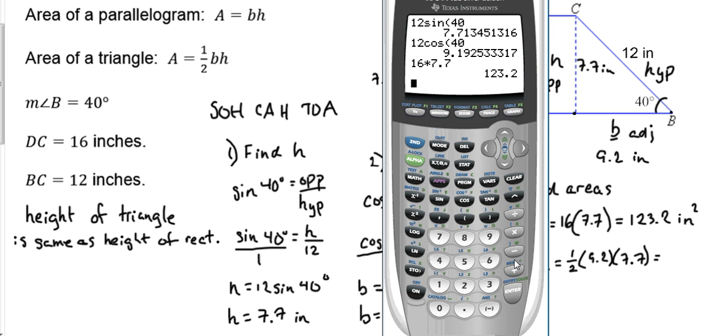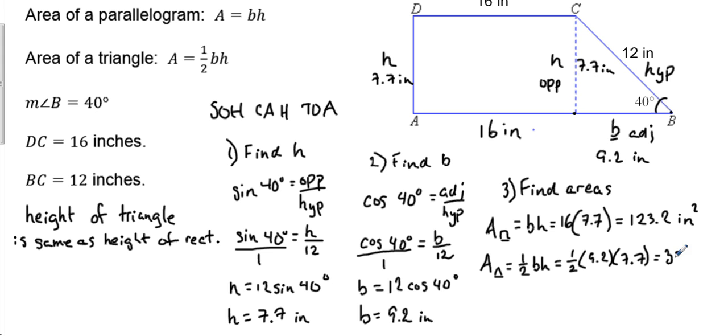So let's plug that in. Now, 1/2, remember, if you just type 1/2 into the calculator, it's just 0.5. So we're going to use that 0.5. 0.5 times 9.2 times 7.7. And we get 35.4, we'll round to. So 35.4, and that's also inches squared.